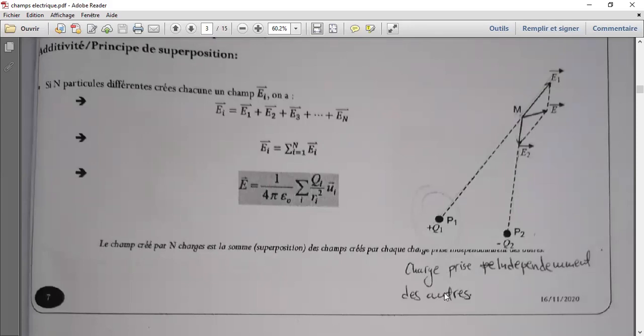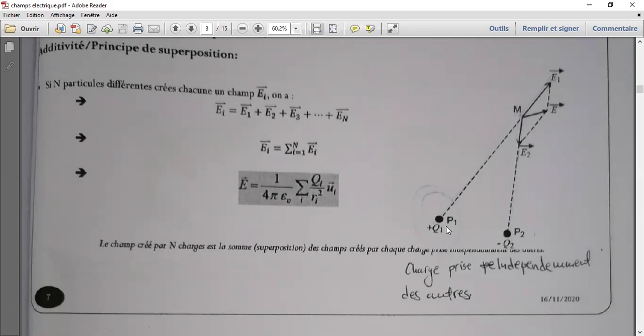So they're saying that the champ created by n charges is the sum of the champ created by each charge taken independently of each other. That's the same thing I was explaining. For you to calculate the total champ, you have to calculate the champ for each charge independently, then you add them together. This is the principle of superposition.